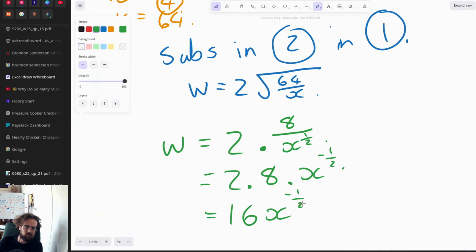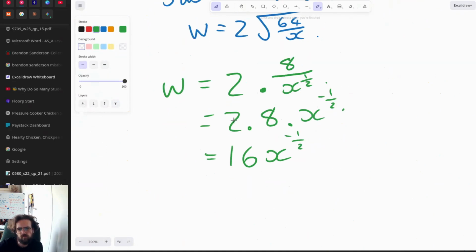You understand where I got this negative a half from? Yes, because you didn't want it to be a divide anymore, you want it to be a multiply. So when you switch the power upwards, it becomes negative. Do you know where this half comes from? Yes, so if you have x with a little 3 at the top and a little 2 there, you would say you have x to the power of 3 over 2. Okay. So 16 over x to the power of a half.